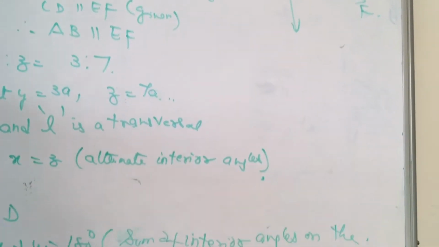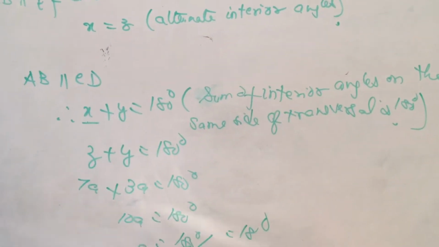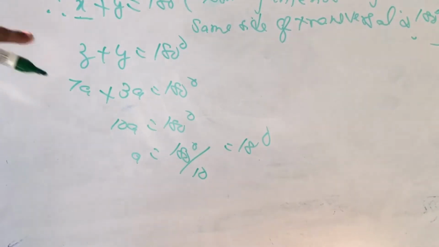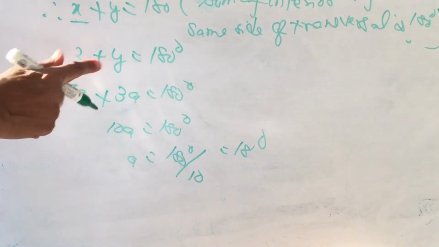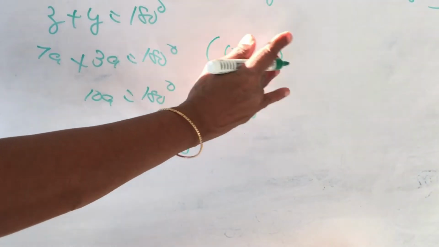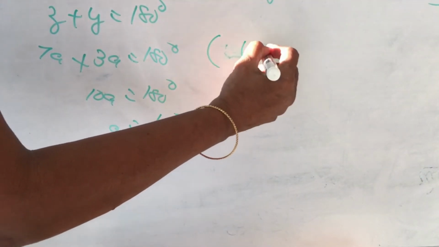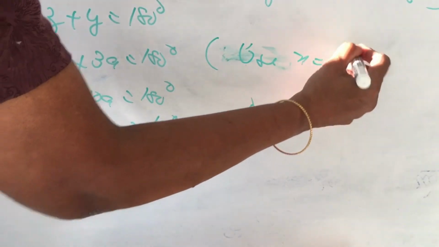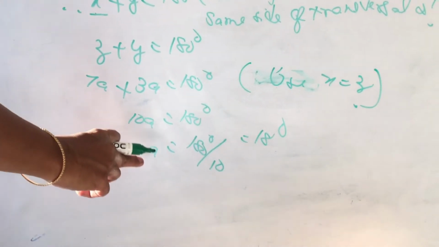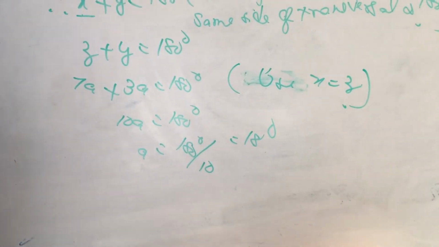The interior angles on the same side of the transversal sum to 180 degrees. So Z plus Y is equal to 180, children. In the place of X, use Z. And what is the Z value? 7a. Solving for a. What is the question, children?